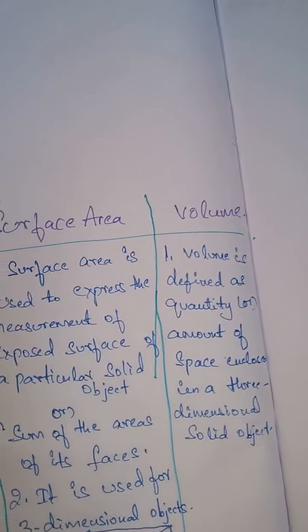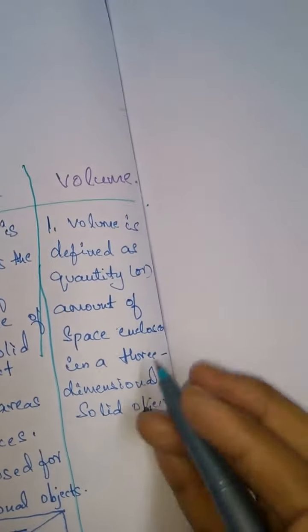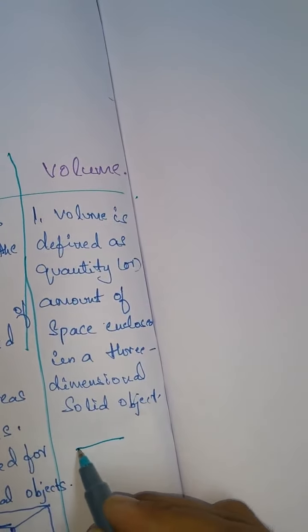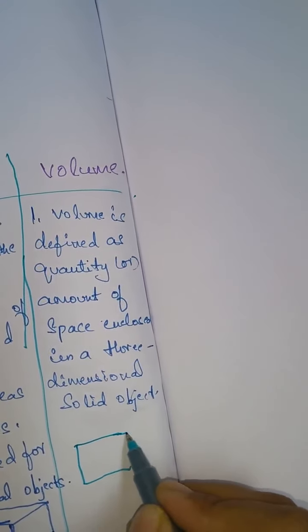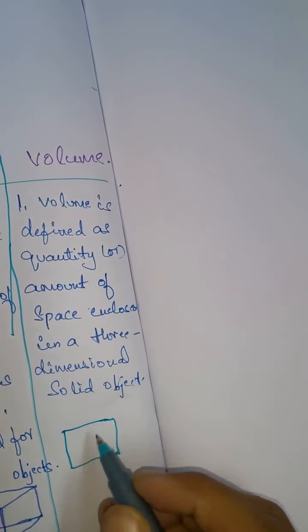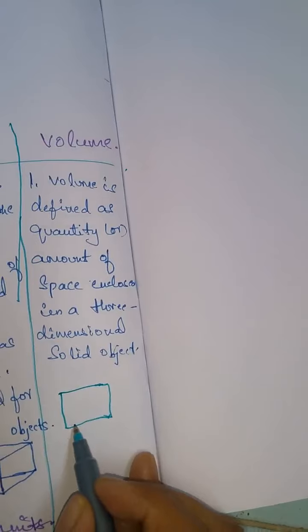Okay, suppose we have a cube, which means all sides are equal, right?